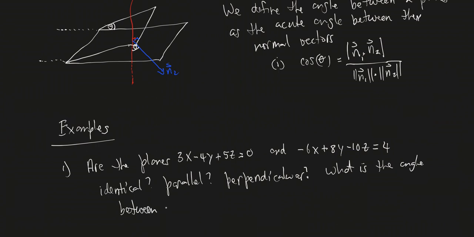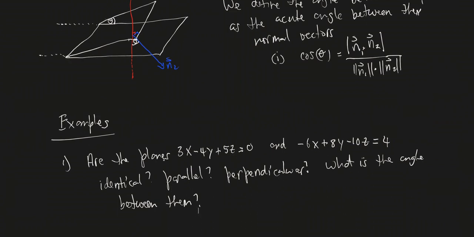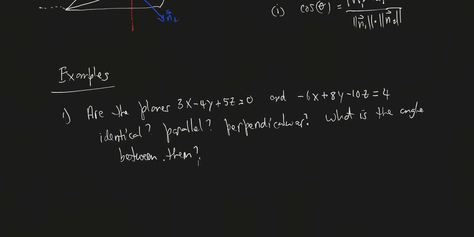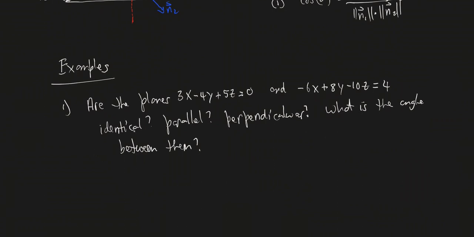It's a good question where we essentially get to try out all the little techniques that we just talked about. So let's see, identical. How could we determine if they're identical? Let's start with the first equation: 3x minus 4y plus 5z is equal to 0.